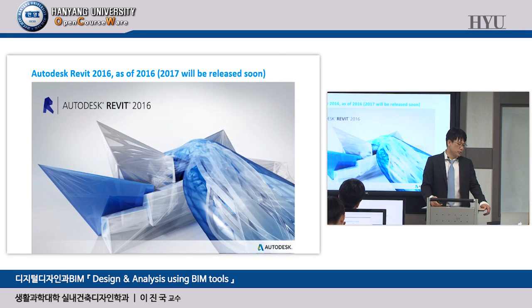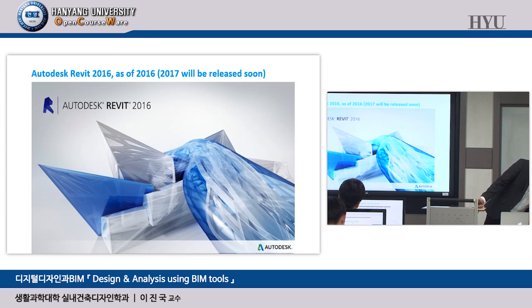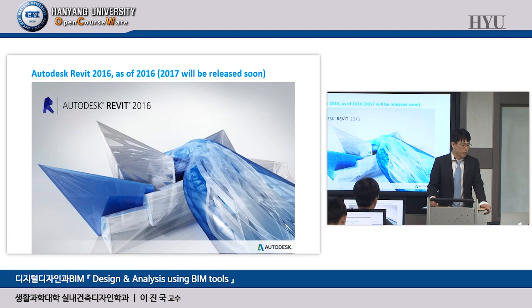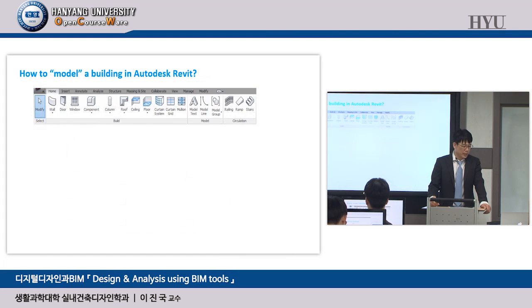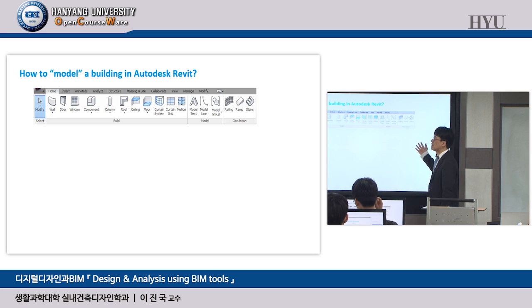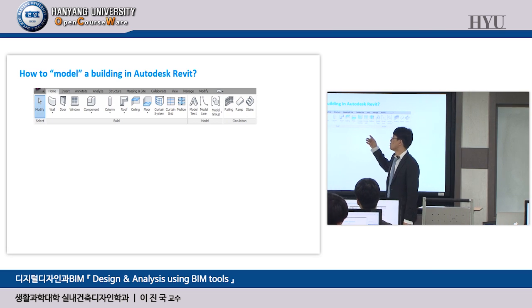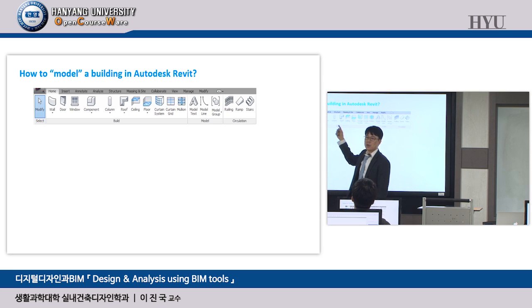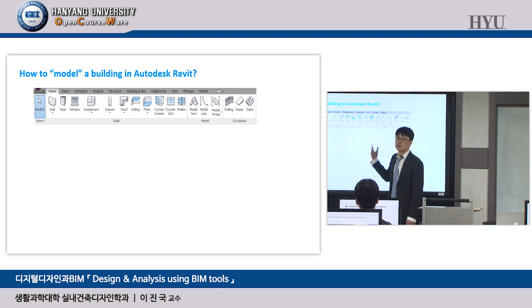That's why we walk through the Revit system, okay? Let's quickly take a look at Revit. As you open the Revit interface, this is the front page, main interface. As you see, large size icons, very easy to use icons and very intuitive.